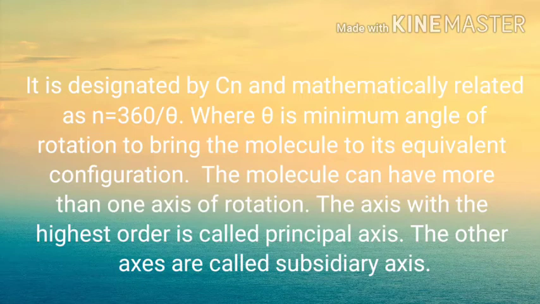The molecule can have more than one axis of rotation. For example in BCl3, one axis of rotation is over the boron atom.